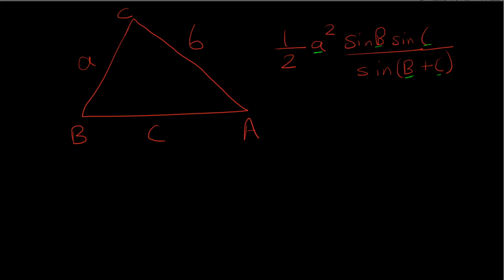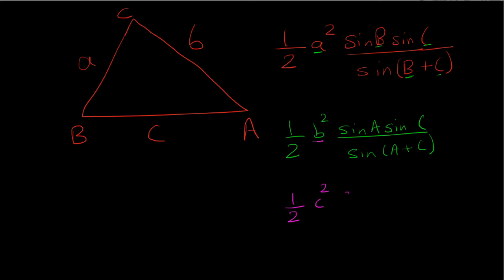Okay, so in this first formula, I chose b and c to be the angles. So that means a has to be the side. I can also choose b to be the side, so then a and c will have to be the angles. And there's a third version where we let c be the side.